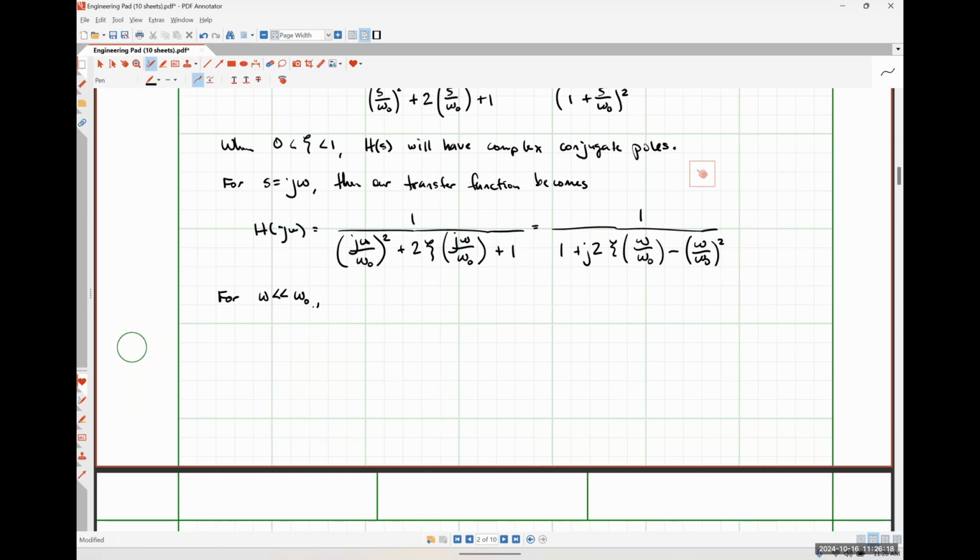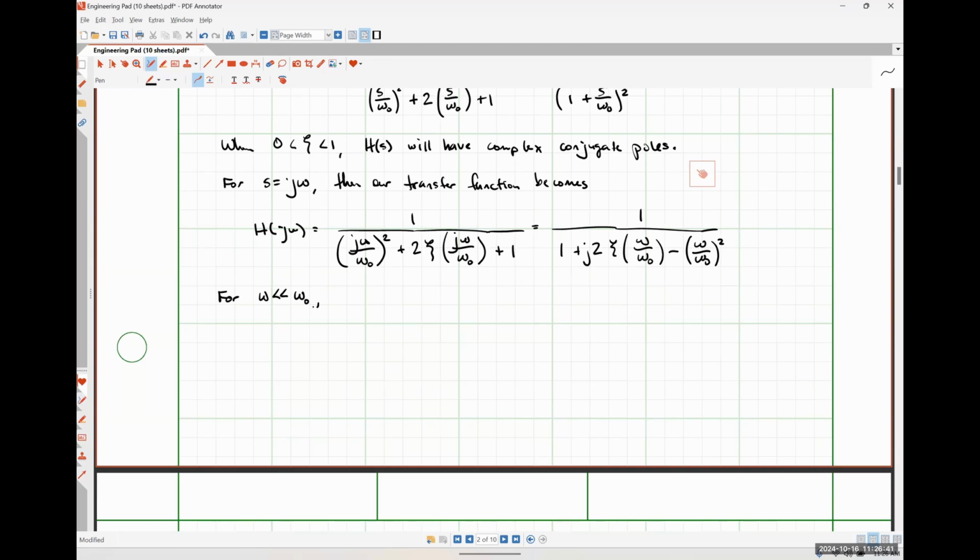When omega is much smaller than omega naught, this term over here on the right-hand side effectively trends towards 0, right? It's not going to be particularly large. We're going to have a number less than 1, and we're squaring it, which means it's going to be even smaller. Okay, we okay with that?